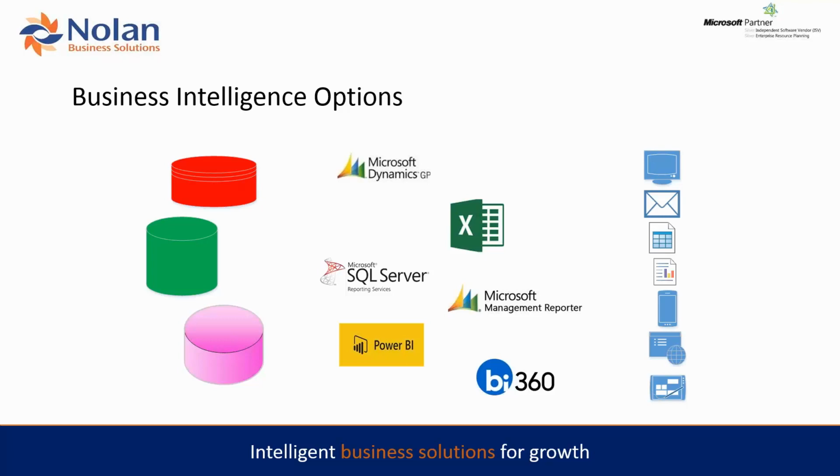And of course, on the right-hand side, the tool that you'll use is the tool that's best suited to how you want to distribute that data, whether it's on the screen, email, spreadsheet, via KPIs, to a mobile phone, to a tablet, or to a website.